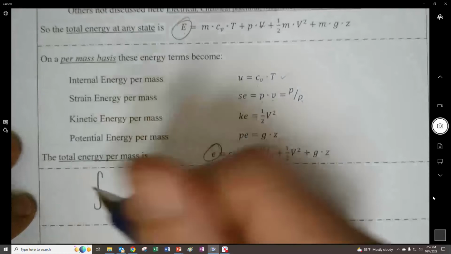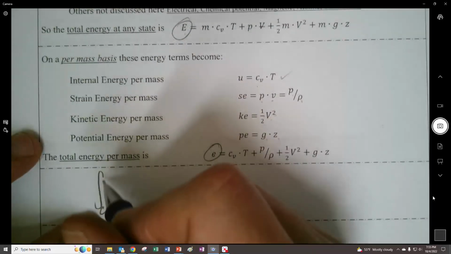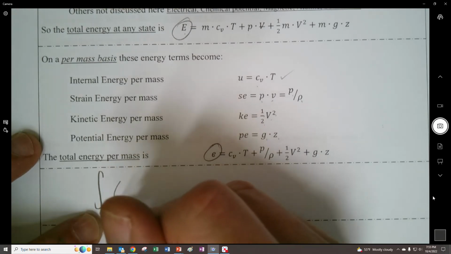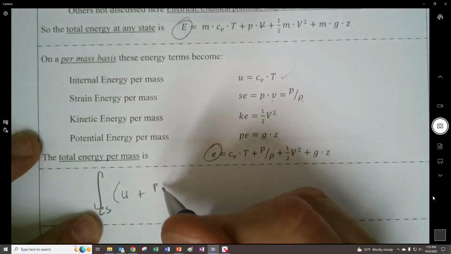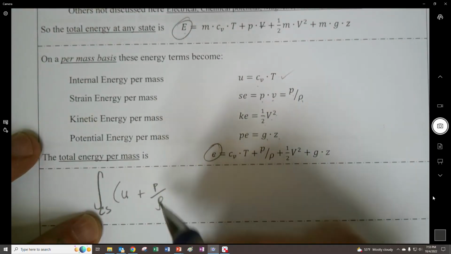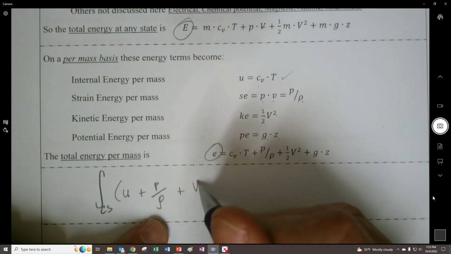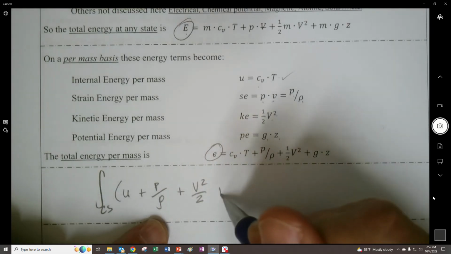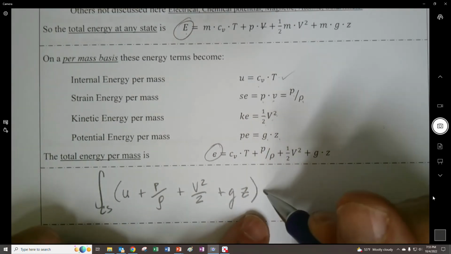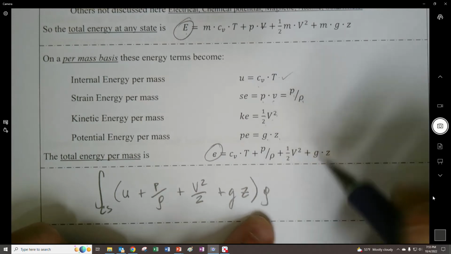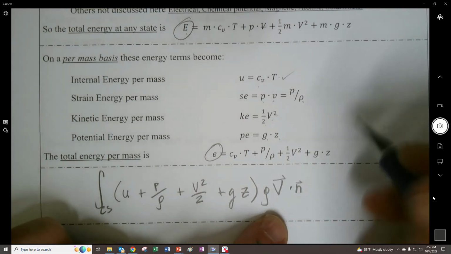So what we essentially have is the integral across all the control surfaces of the u. I'm going to leave that out, just keep that in there. P over rho, v squared over 2, plus g z, and that's rho v dotted with the normal.